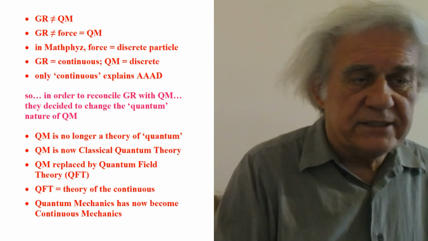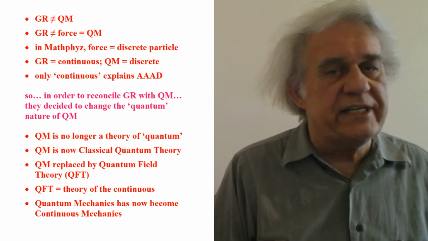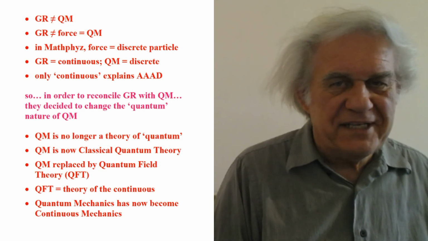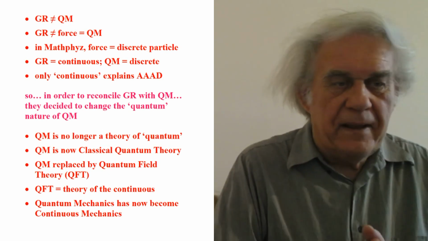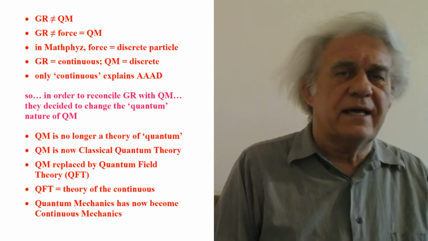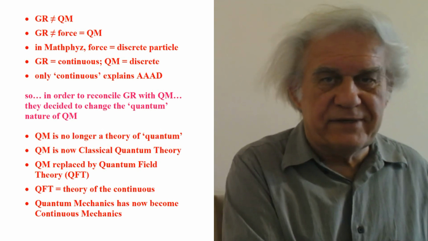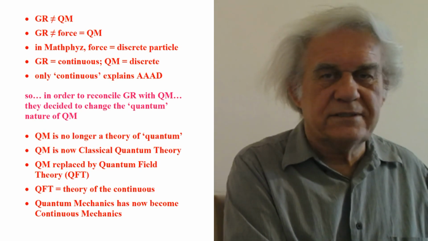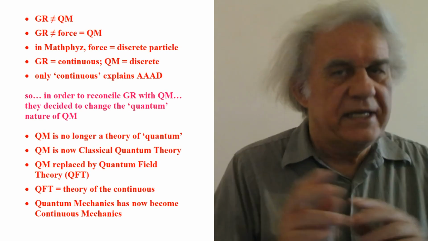And what did they replace it with? They replaced it with quantum field theory, QFT. And what is quantum field theory? Well, they put the word field in there. And it's interesting that the word field is what they have in general relativity. It's a field theory, general relativity. Einstein's equations are field equations.